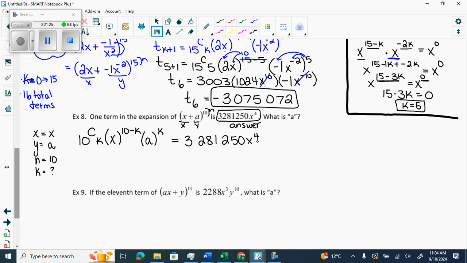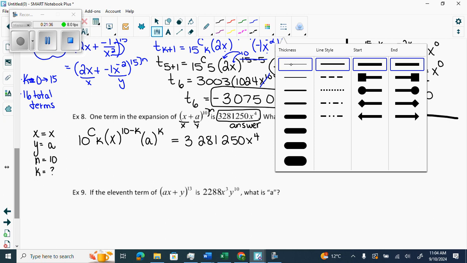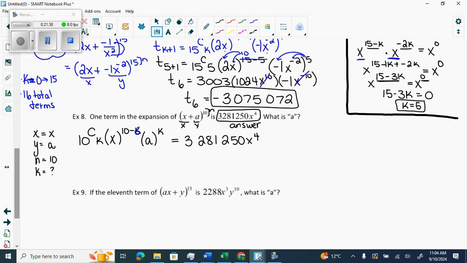Because we need the x to the 4. We have an x to the 4 here, so I'm going to need an x to the 4 here. If I know this needs to be an x to the 4, then my k needs to be 6. Which means that this k is also 6, which means this k is also 6. Do we agree? What's 10c6?